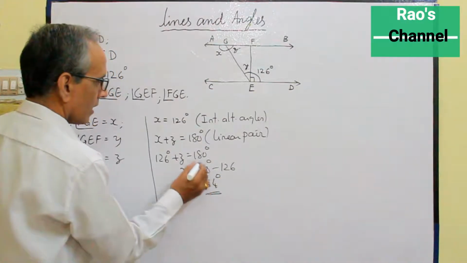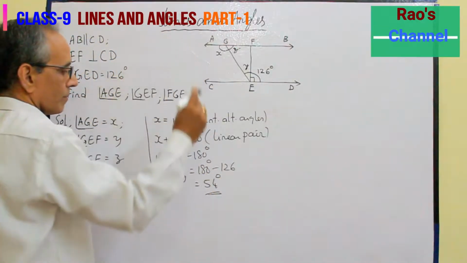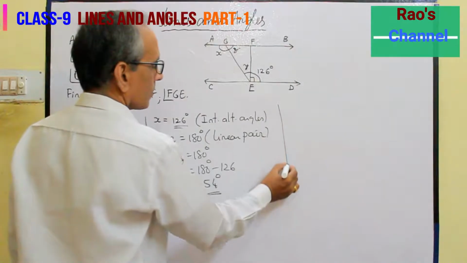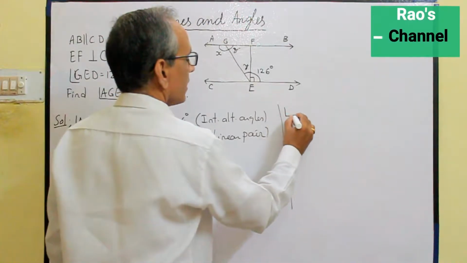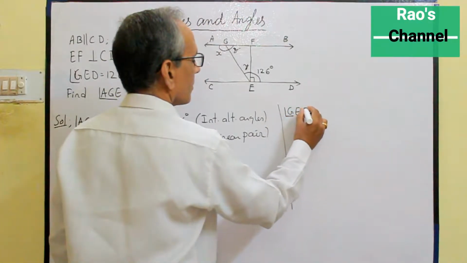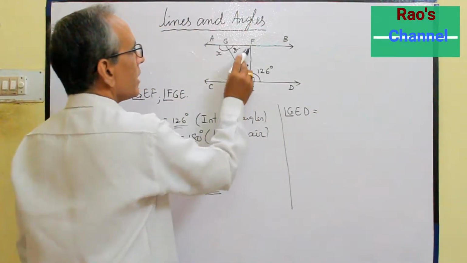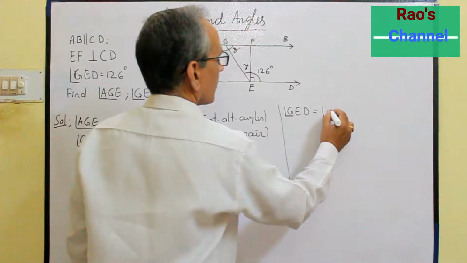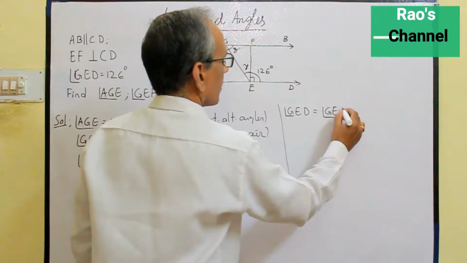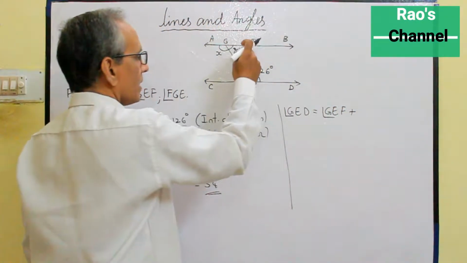We got X and Z. Now Y. Angle GED consists of GEF plus angle FED.